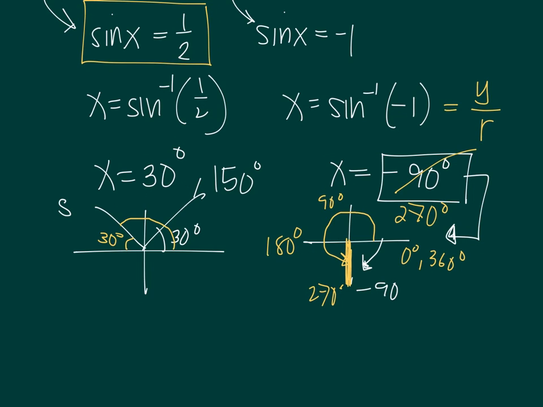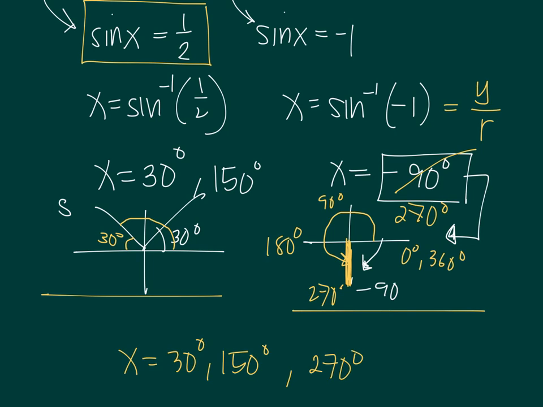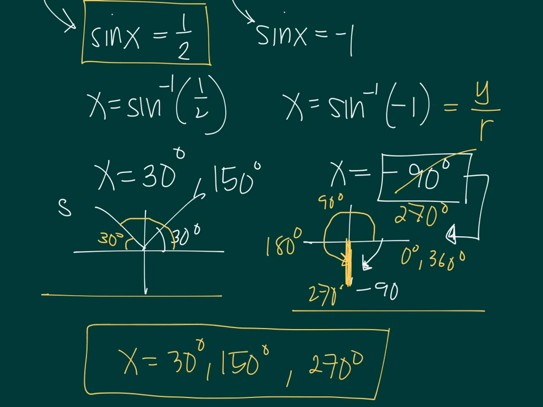Okay, so to sum up, we have x equals 30 and 150 from here, and then we also have 270 degrees from here. The values of x are only limited from 0 to 360, so we already have all the angles that we need.